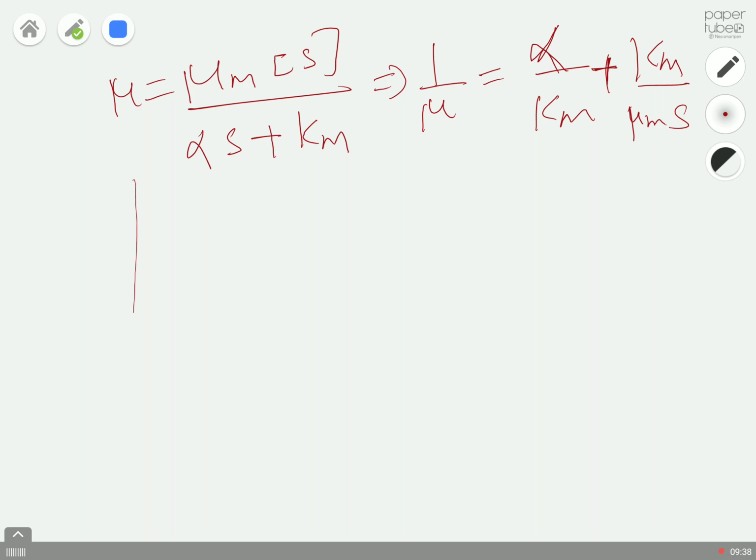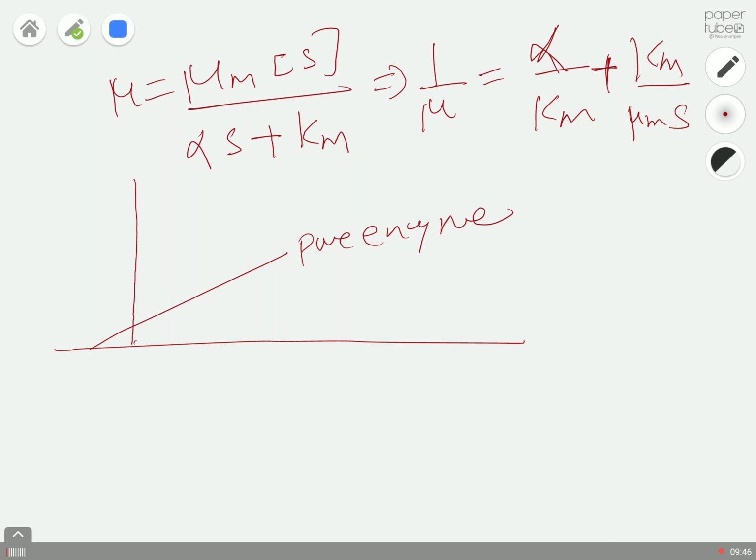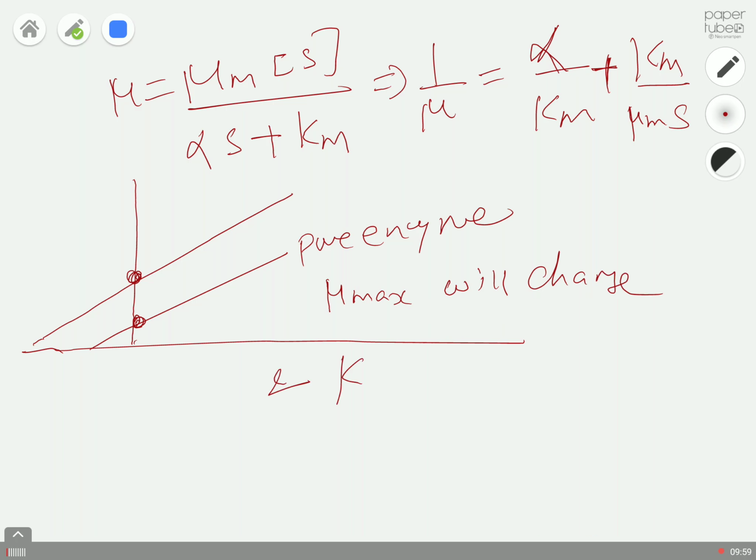And then if you plot the Lineweaver plot, if this is for your pure enzyme, in presence of inhibitor you will get some line like that. So you have a different intercept, which means your mu max will change, and your Km will change because you have a different slope value here as well. So this is the point which is something related to your Km.